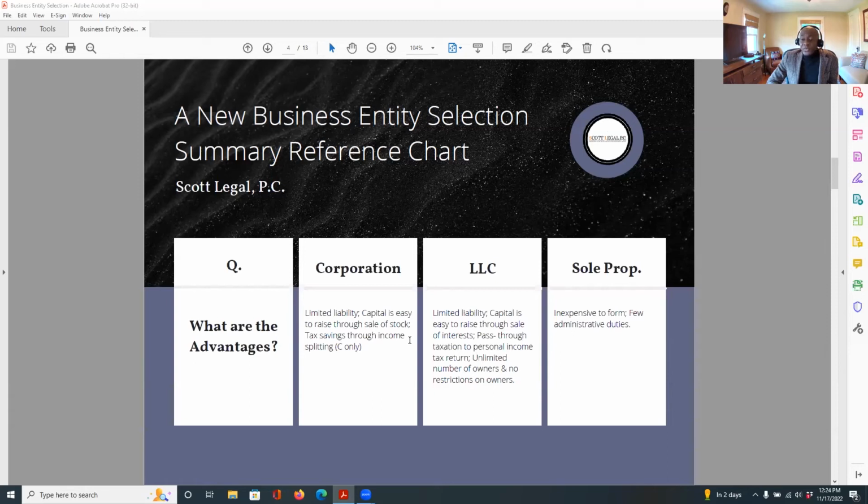Now, a lot of the time we'll move to a corporation if the individual is thinking of raising capital in the United States. One thing to keep in mind is that if you have a corporation, the ownership units are called shares, and everyone knows what a share is. But with an LLC, the ownership units are called membership units.